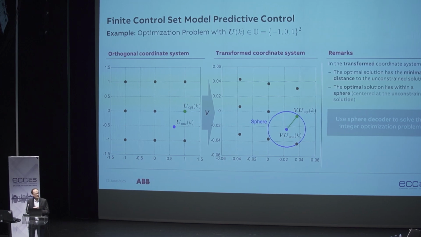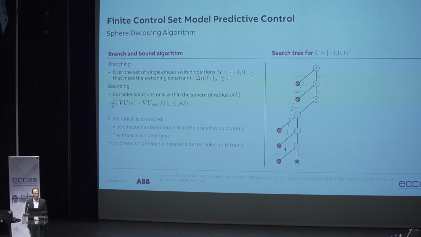It comes from the field of communication theory. It's called sphere decoding. So you try to find the optimal integer solution that is within that sphere. And because this lattice typically is almost orthogonal, it is very efficient to solve this integer optimization problem with that algorithm.